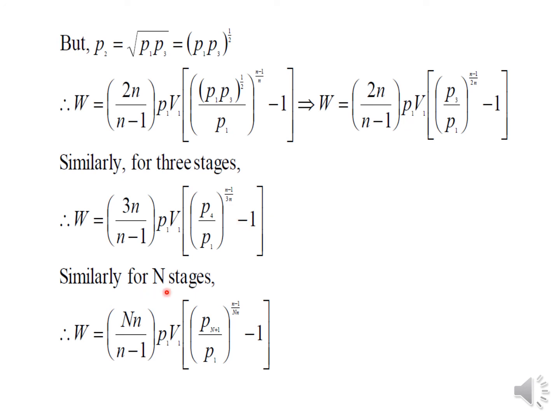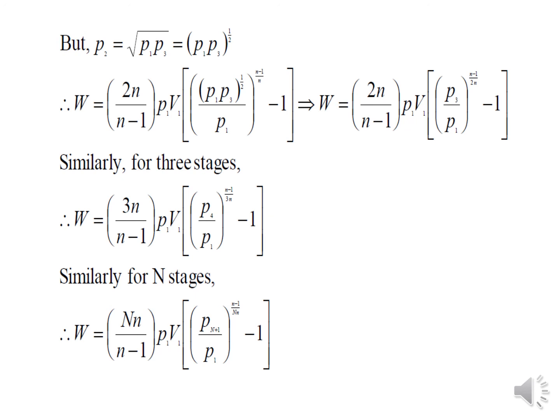Similarly, for N stages, it becomes capital N into small n, and the pressure ratio is P(N plus 1) divided by P1. So this is the final equation for N stages.